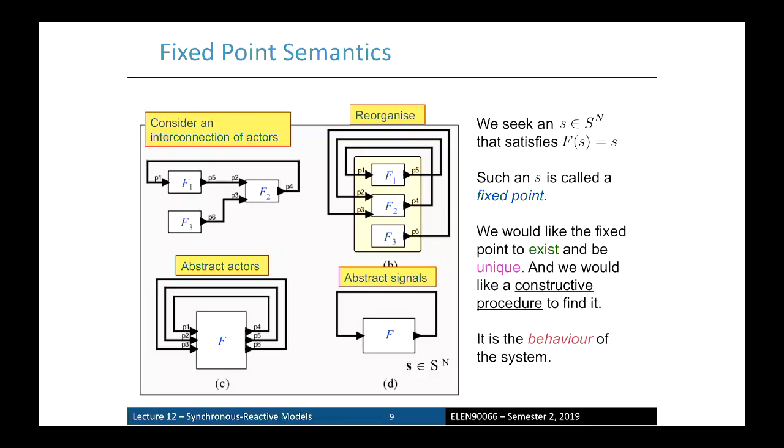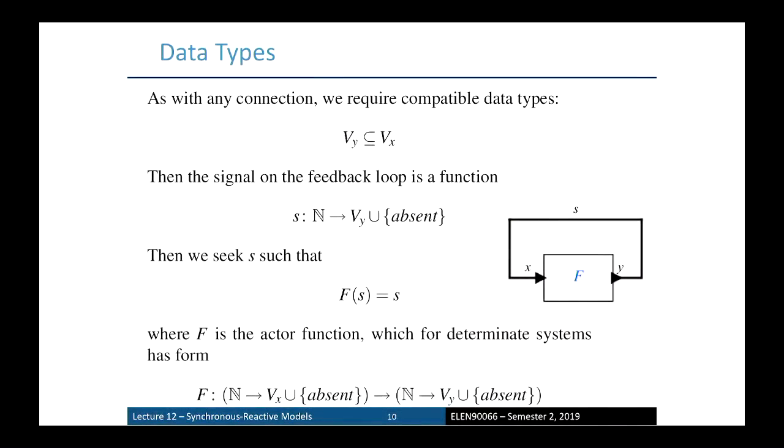All right. Now, just before we embark on exploring what this fixed point is, we have to be a bit careful about the types of signals as well. This is a bit more formalism. You can summarise this entire slide with: apples have to be apples and oranges have to be oranges. Remember, these could be multiple signals.